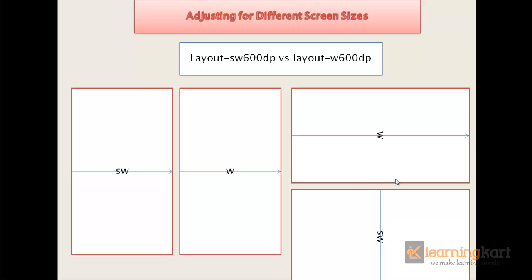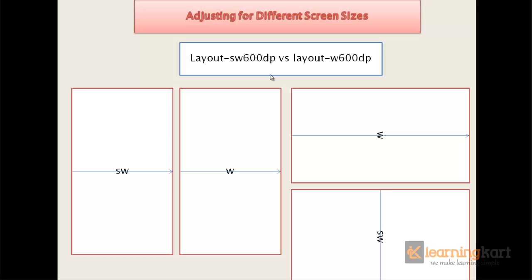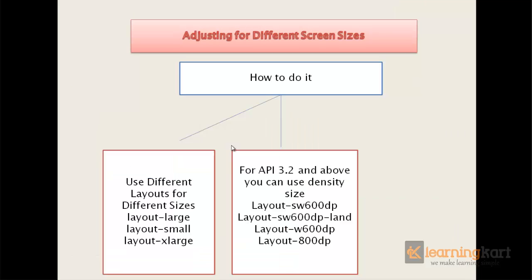So for shortest width you need to have two directories: layout shortest width for portrait, and the same with minus land for landscape. Layout shortest width 600 dp for land, layout shortest width 600 dp for portrait.